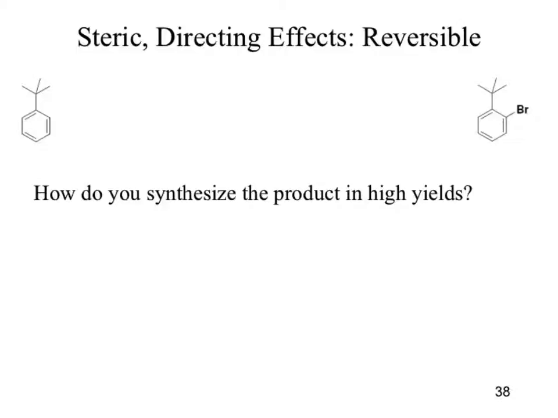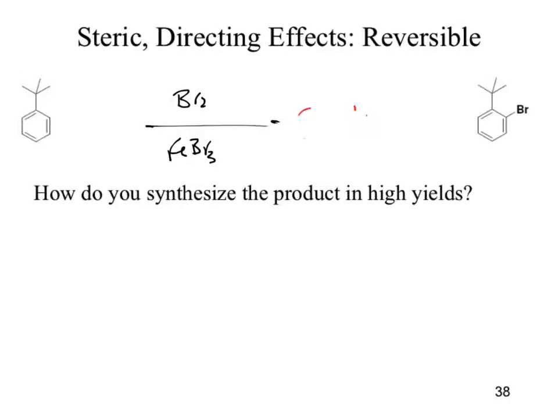How do we substitute a bromine? Cool. Where would the bromine go? Para position. Is that where the bromine's supposed to be? Nope. So what does that mean? Something else happened.